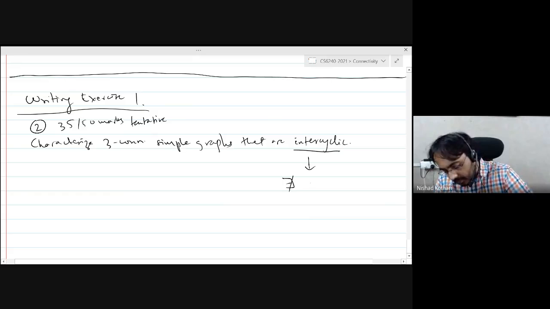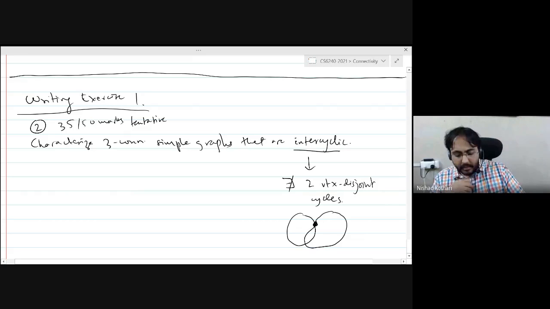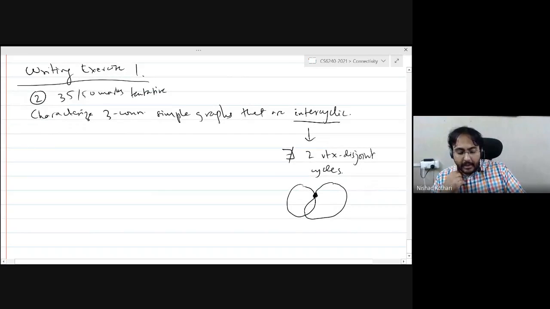There do not exist two vertex disjoint cycles. In other words, if you take any two cycles in the graph, then they will share at least one vertex, possibly more, but at least one vertex has to be shared, right? So these graphs, you're calling them intercyclic, and you will be showing that all 3-connected simple graphs that are intercyclic belong to some special families, or there are some special graphs along with those families.